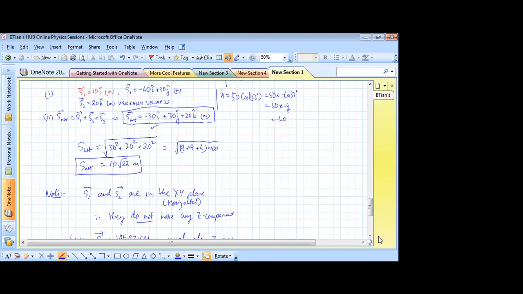Now, Hari, what you're asking about the angle of the resultant vector S net with respect to the Z axis and all, we are coming to that. That is something called direction cosines.